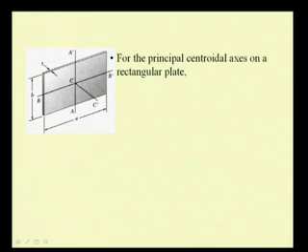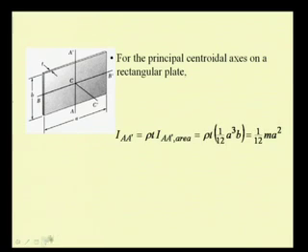Thickness of this rectangular plate is T, and the other two dimensions are A and B. So, we have the second moment of the mass with respect to this axis A prime as rho times T times the second moment of this area with respect to the same axis, that is A prime, that is I prime area. And already in our earlier discussion we have seen I prime for area as 1 by 12 A cube B.